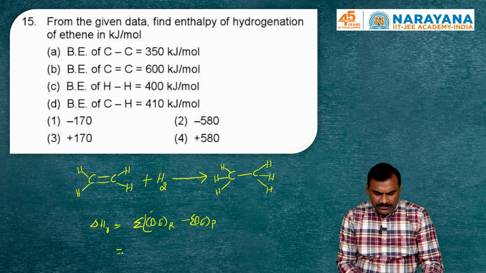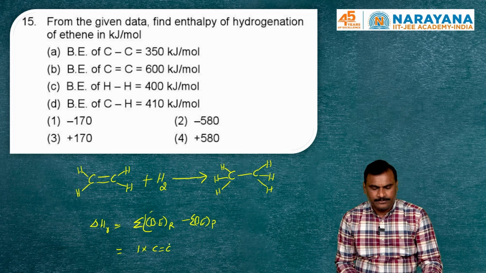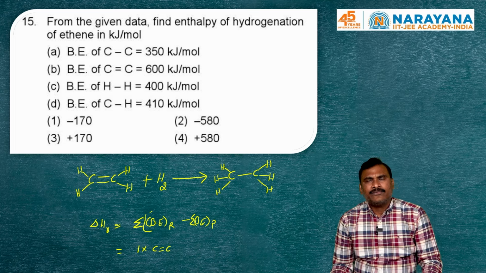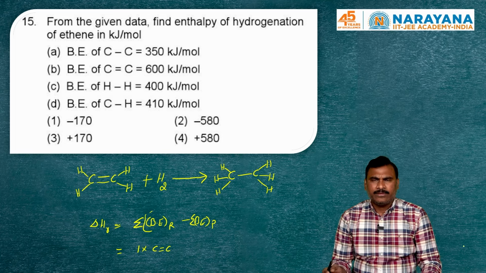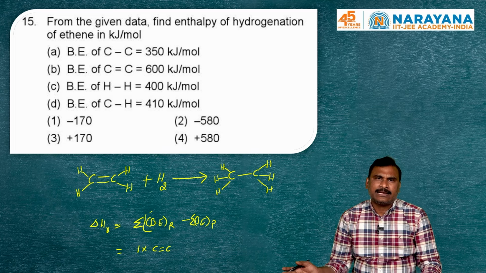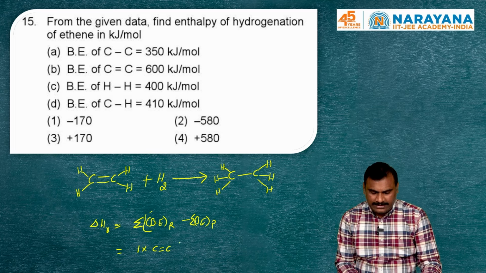Then automatically we can write, one C double bond C bond energy is there. Along with that there are 4 C-H bond energies on the reactant side, and at the same time 6 C-H bond energies on the right side. So the leftover is 2 C-H bond energy, which we will write on the right side.